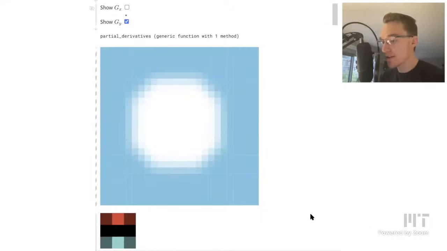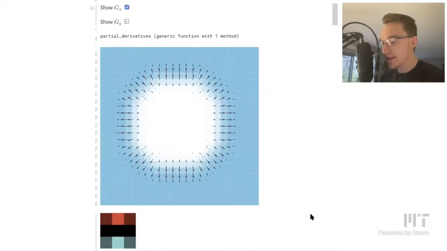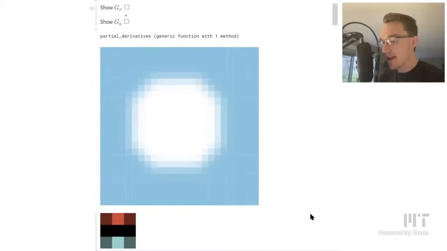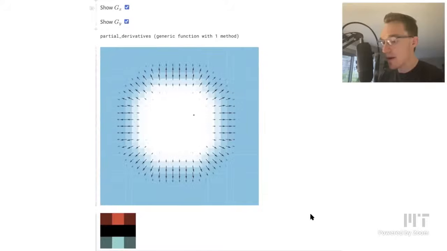So if I were to just take the ones pointed to the right, and I add them with the ones that are just pointing up, what we get are these ones that are pointing away from the brightness towards the darkness. And any of you familiar with multivariable calculus might find this very familiar notion. It's something known as the gradient, where if you have a vector that has an x component telling you how much a value changes as you move from the left to the right, which we might call the partial derivative with respect to x.